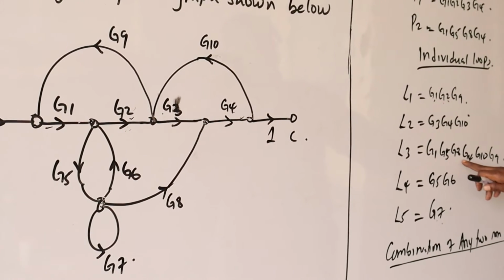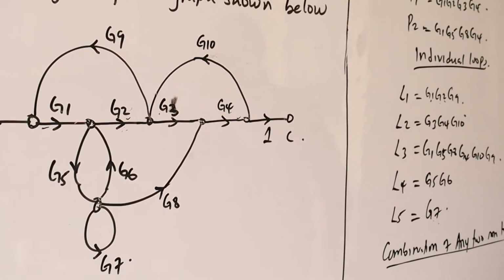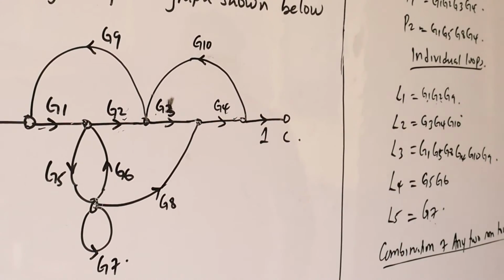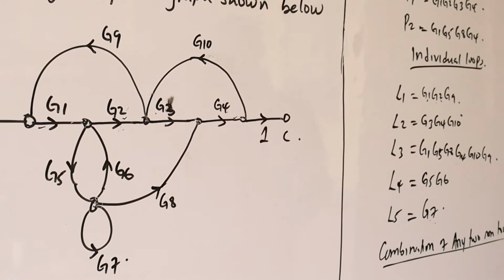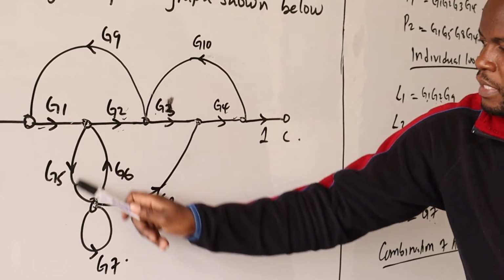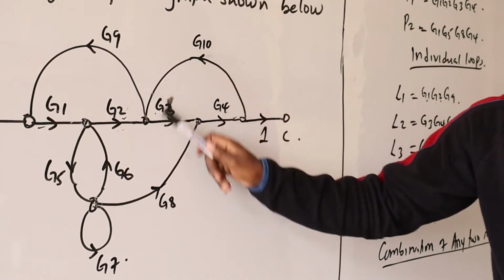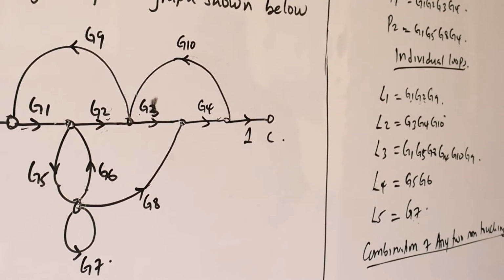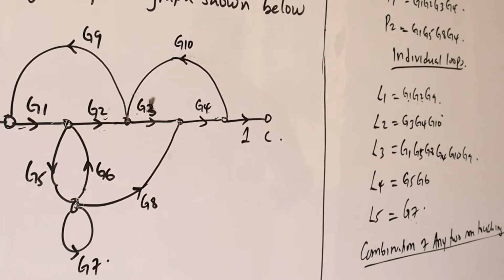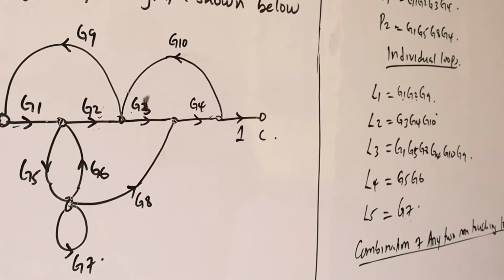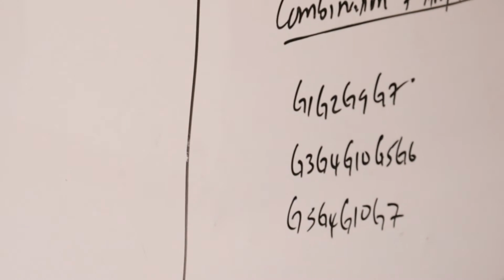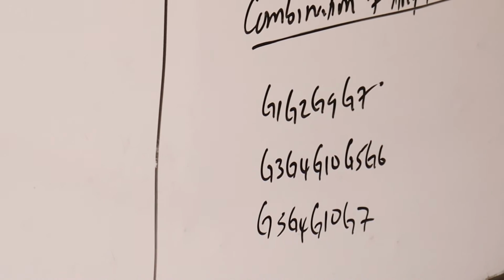If you look at this and that, of course, at this point here, this is going to be a common node for both because G7 is here and the other one starts from here. So in that case, the only combinations of two non-touching loops that we have are 3.